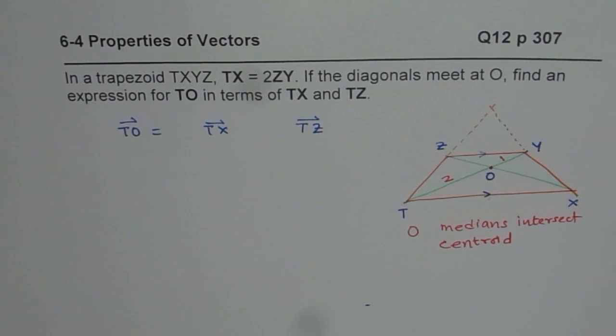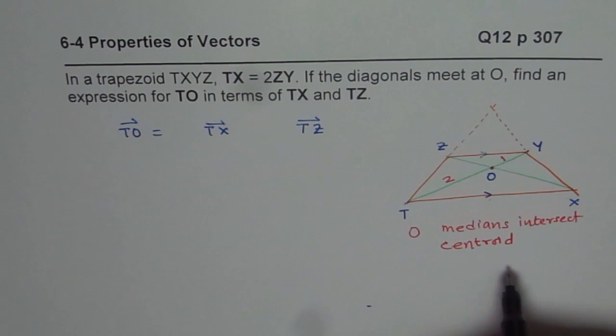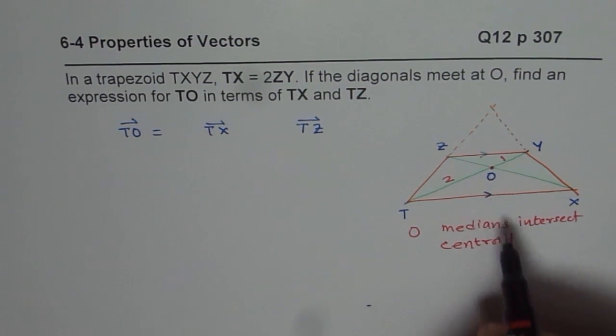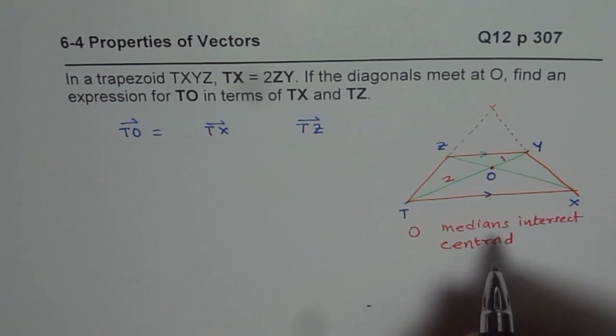That is the property which you should know to solve this question easily. Otherwise, it is a very, very difficult question. I'll give you a link for this also so that you understand. But that's a rule which in coordinate geometry everybody knows, so you're expected to know this. That is how I should be putting it.